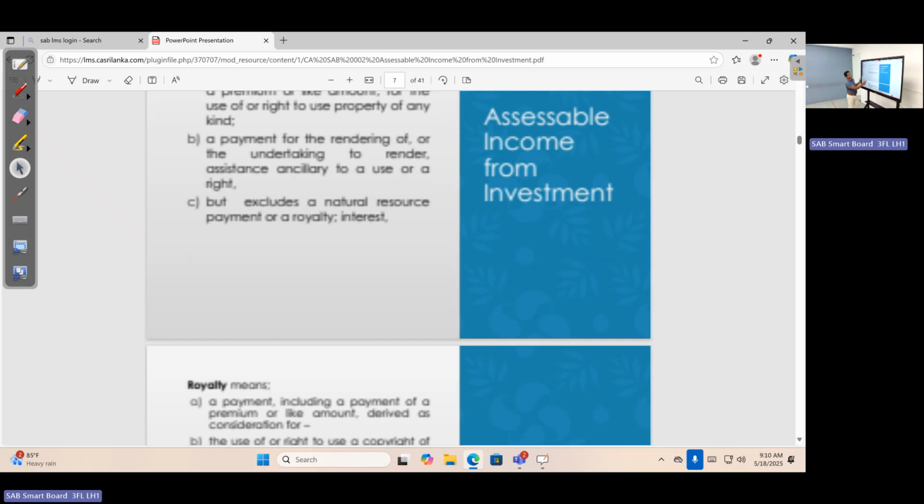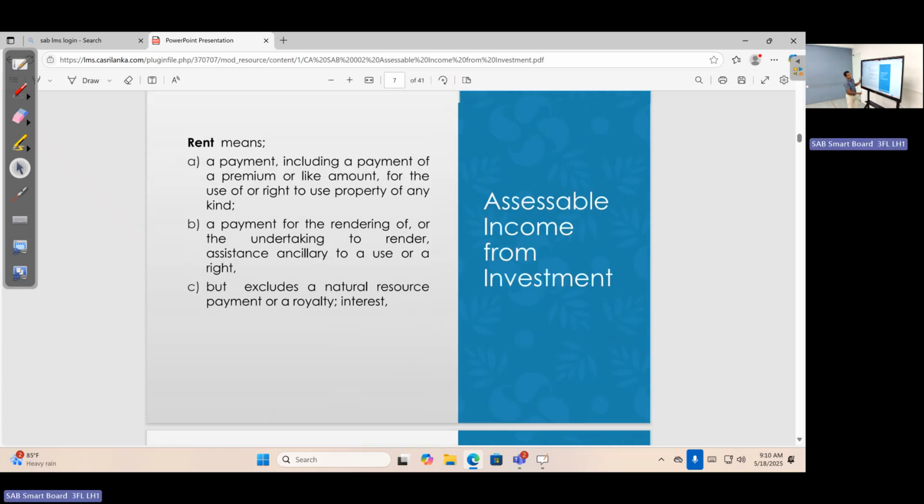Right, rent. Important here is rent: the right to use property of any kind, could be building, land, machinery, motor vehicle. If we are giving the right to use that asset, it comes under the category of investment income.